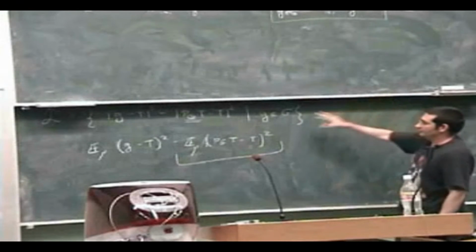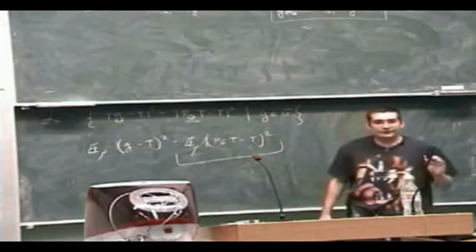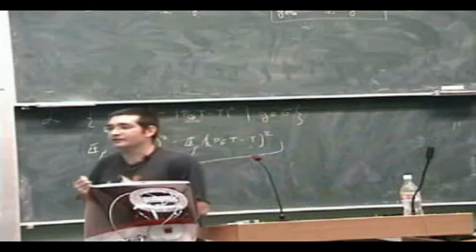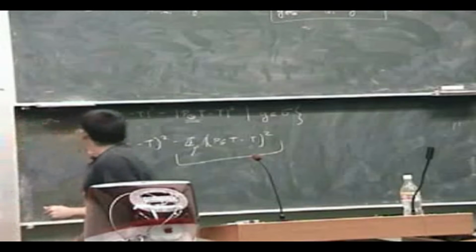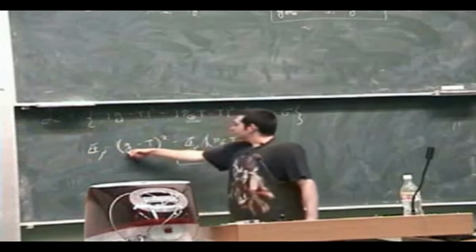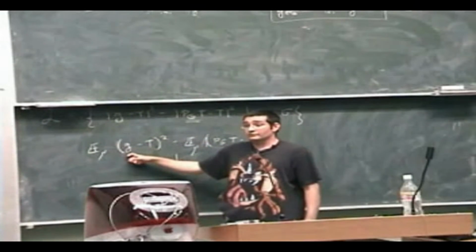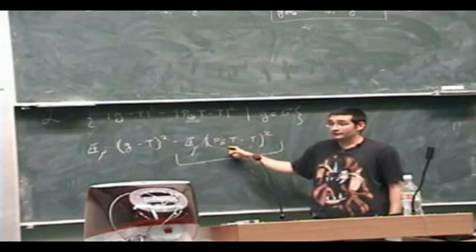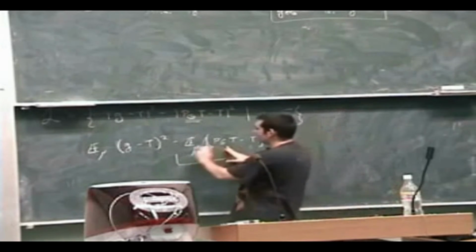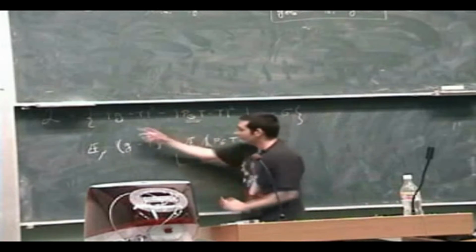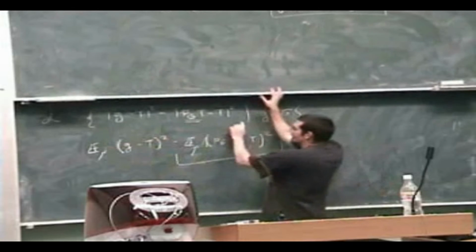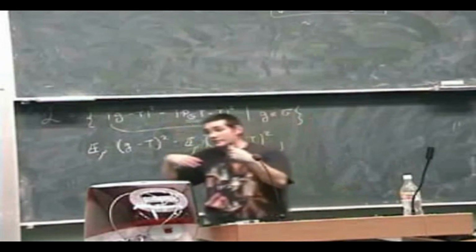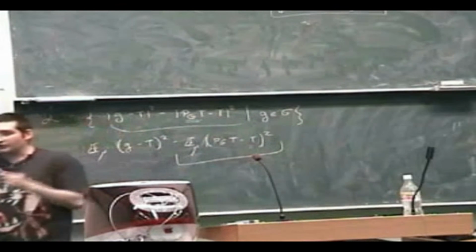Remember, what I want to estimate is the expectation of (G star minus T) squared minus the expectation of (T minus PGT) squared. What I want to show is that this is smaller than, say, epsilon. Okay? So the question is, if I know this, does it mean necessarily that this is true? Let's have 2 epsilon here. Okay? Doesn't really matter. So that's the question I want to address.